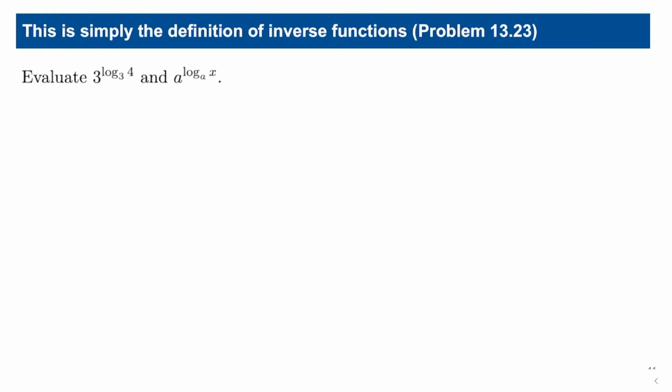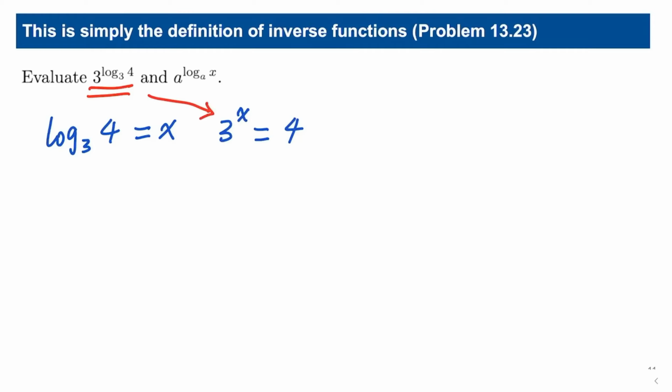Evaluate 3 to the power log base 3 of 4. Denote log base 3 of 4 as x. Then 3 to the power x equals 4. This quantity is 3 to the power x. Therefore, it's just 4.